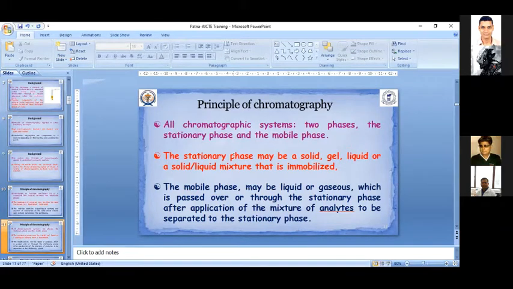So when a mixture of molecules is applied on the two-phase system, either liquid-liquid or solid-liquid, there will be differential distribution of molecules depending upon their solubility and adsorption, and that is why their movement is retarded. Their movement is differential in both phases, and that results in their separation on the stationary phase.